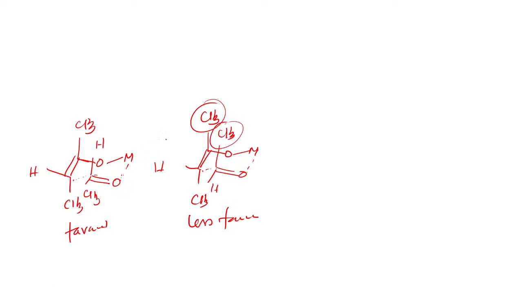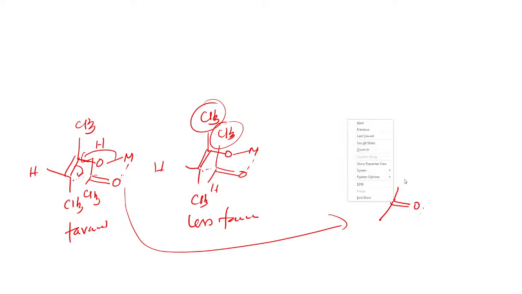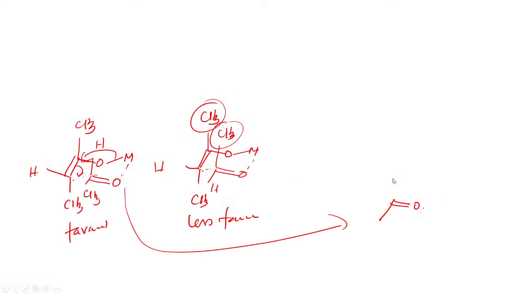Therefore, this 6-member transition state is favored. Then you can try to draw the product.